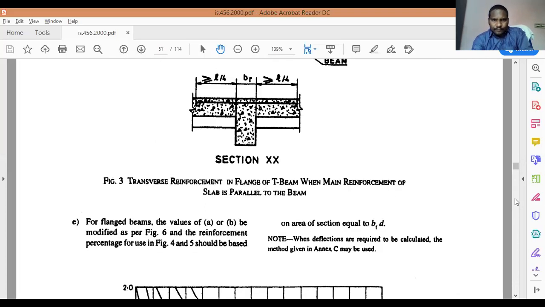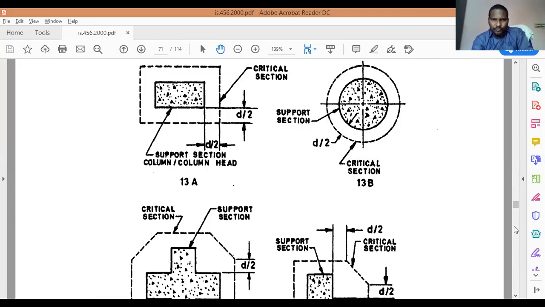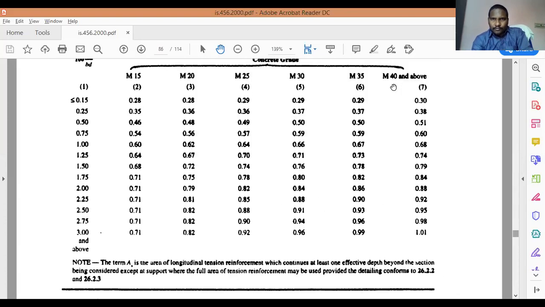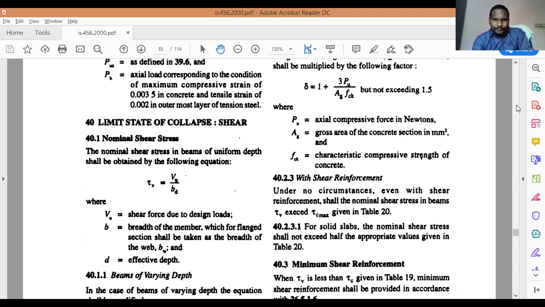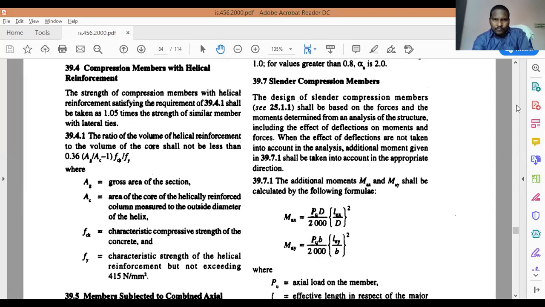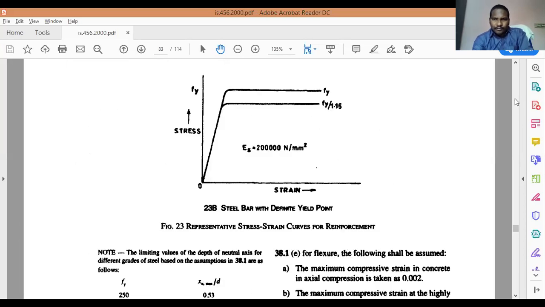This is page number 38, where are we? Okay, this is page number 70.